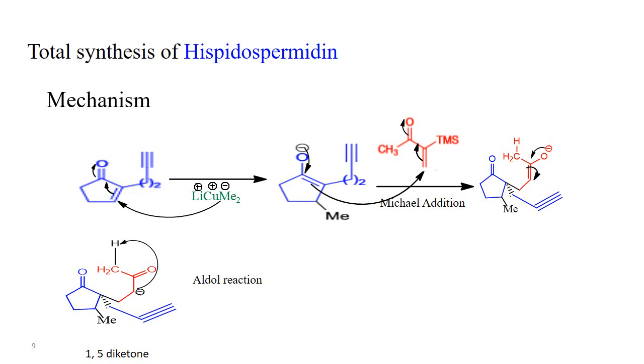Organocuprate compound upon reaction with an alpha beta unsaturated carbonyl compound attacks at the beta carbon rather than the carbonyl carbon, while in the case of organomagnesium or organolithium compounds, they directly attack at the carbonyl carbon rather than the beta carbon.